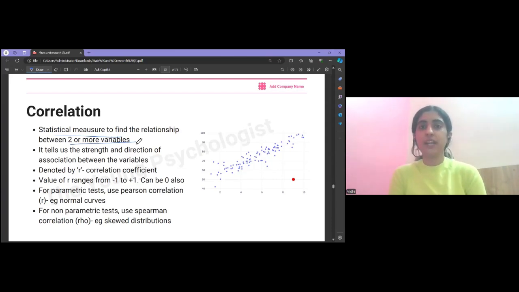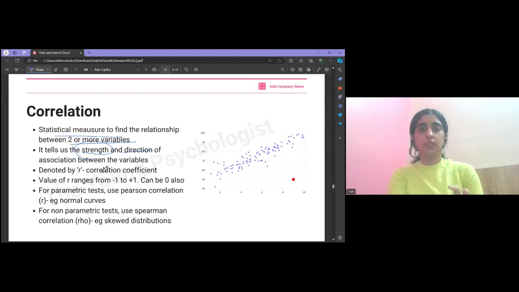We can assess the relationship on different levels. One is the strength of the relationship, which means how strongly the variables are related to each other. The other is the direction in which they are related to each other.